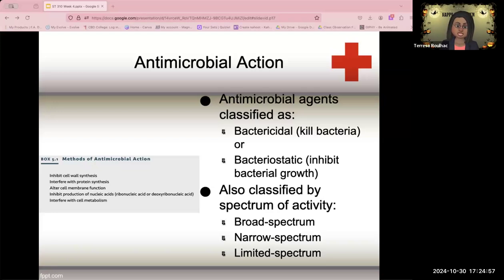I want you to think of it as fancy Neosporin. Once you see it, you'll be like, oh, that's what she's talking about. It's effective against certain gram-positive bacteria and some antifungal agents. These are used in targeted therapy, especially in cases where a specific organism is confirmed and requires precise treatment.